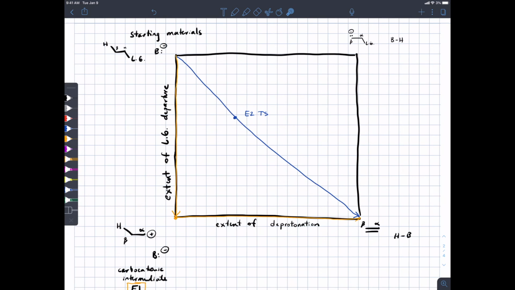And so, got to choose maybe purple, and this would be your conjugate base intermediate. And then after you deprotonate, the leaving group leaves, and this would be the E1cB pathway. Okay.